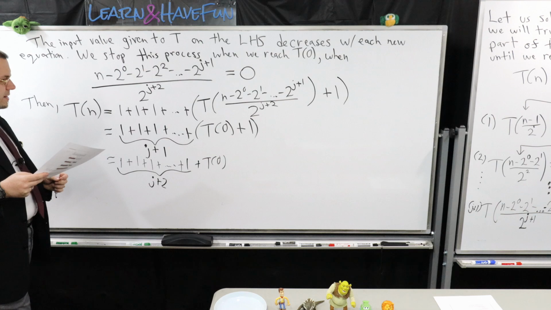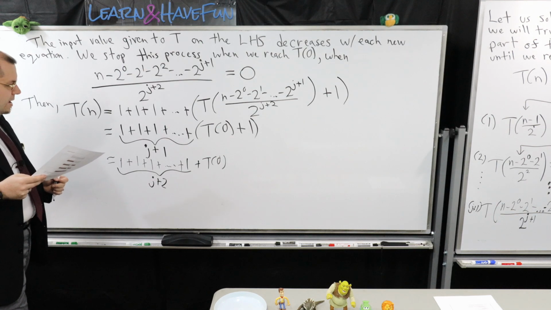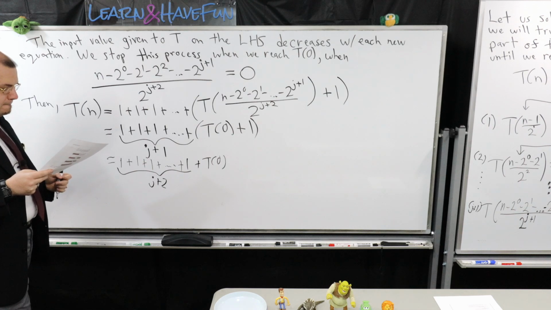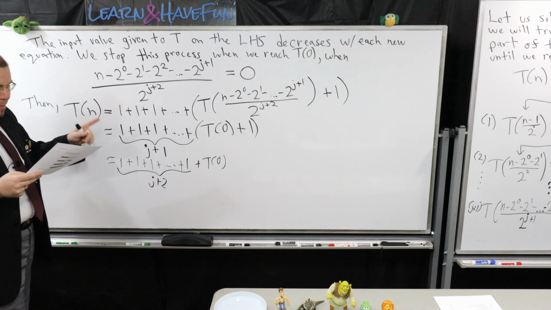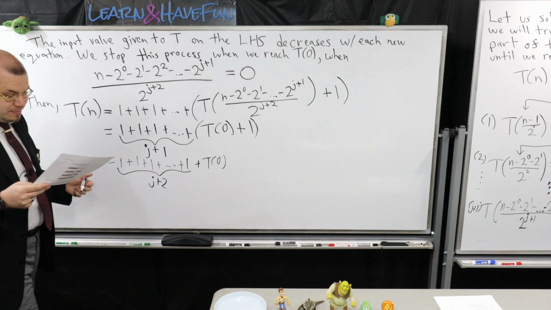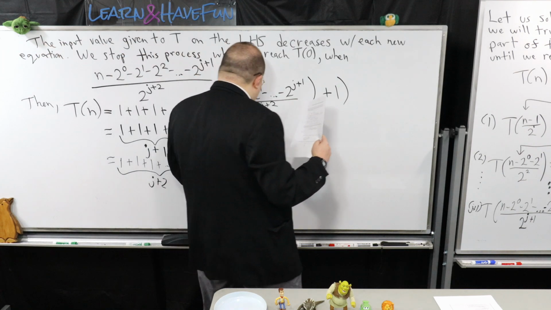But let's take a look at this carefully here. I have t of 0. Now remember, t of 0 is equal to 1, right? So what does this mean?